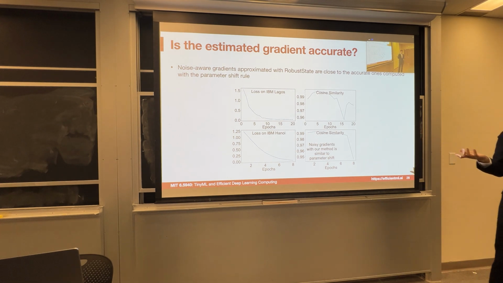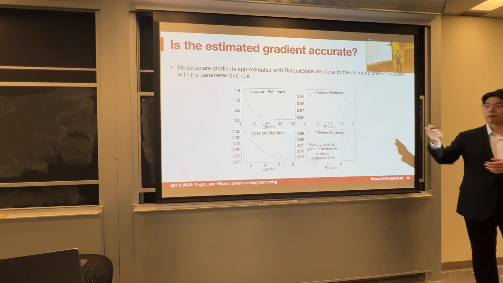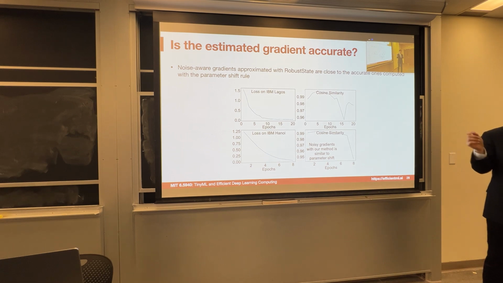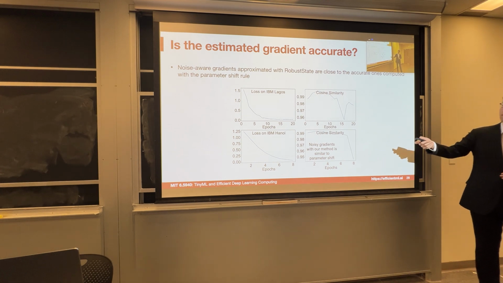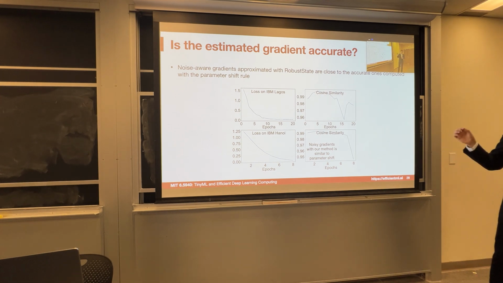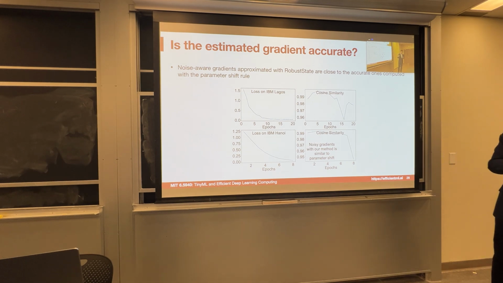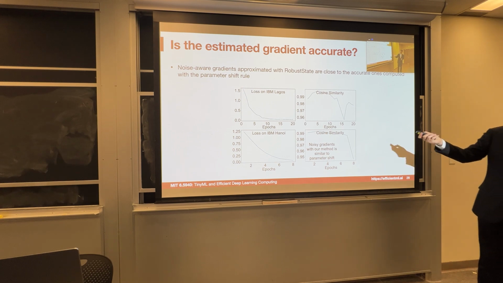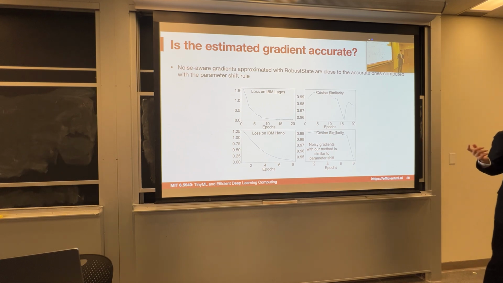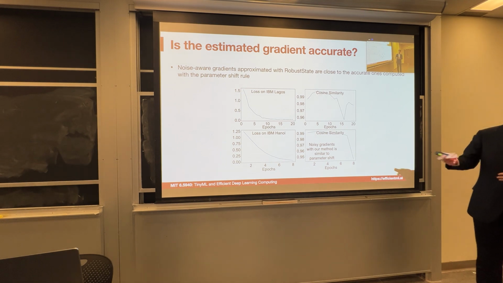So just remember, like last time we introduced parameter shift, and for each parameter, you need to run the circuit twice and obtain the gradients for that single parameter. That will be the most accurate one, but that's also very costly because you have, say, 100 parameters, you need to run 200 times of the execution. But for our method, we just need to run the actual device once, and then all the parameters' gradients can be obtained simultaneously.